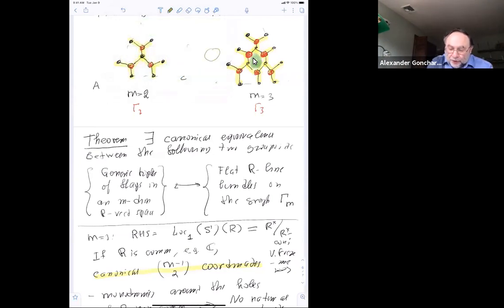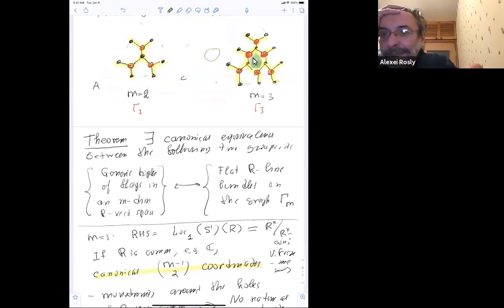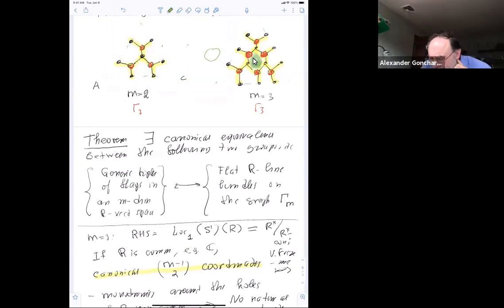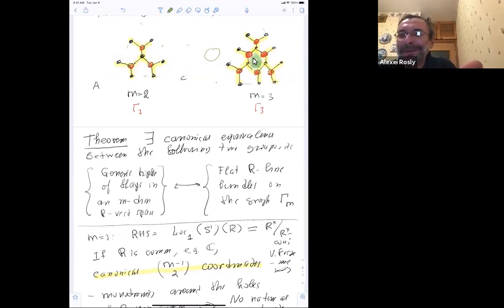And this graph topologically is a point. And if you draw a graph for m equals 4, it will be actually three circles. When you say it's the face of the graph, you have to say that it is not included in the graph. It's not a part of the graph. Otherwise, it would be contractible.